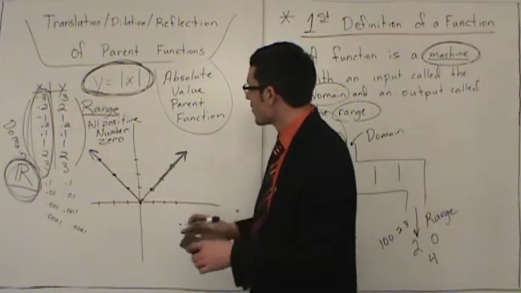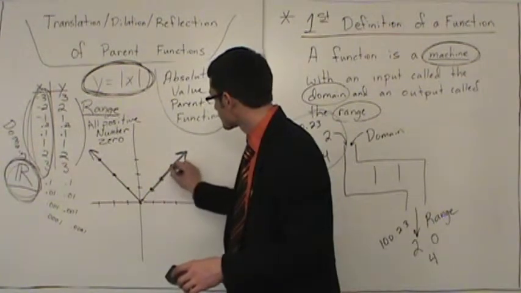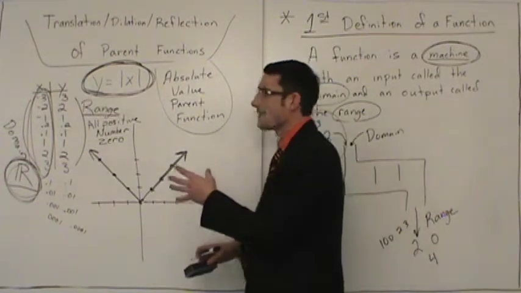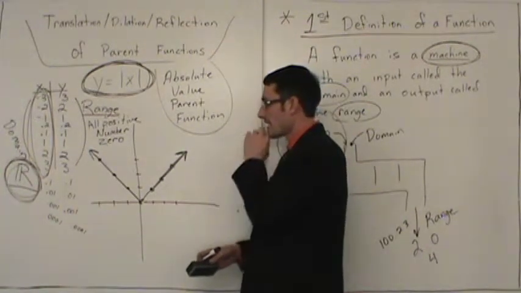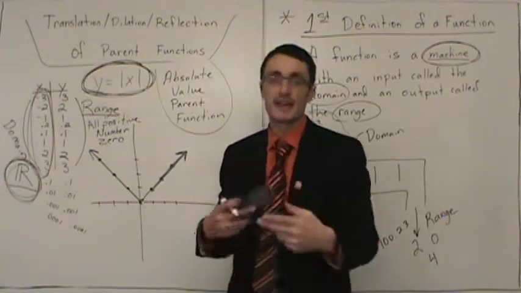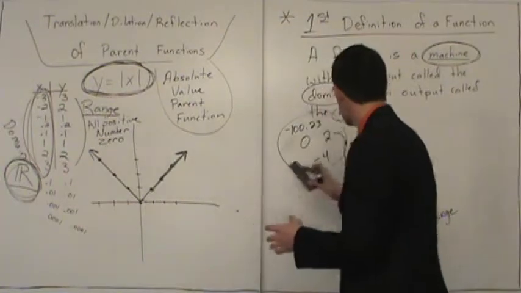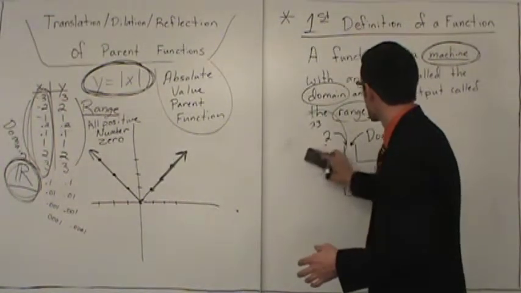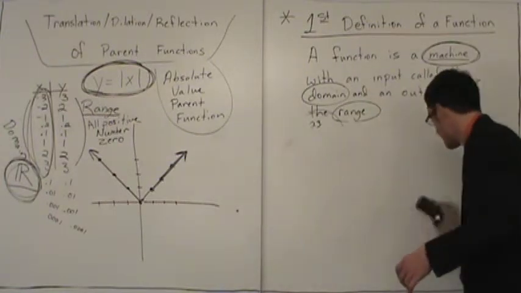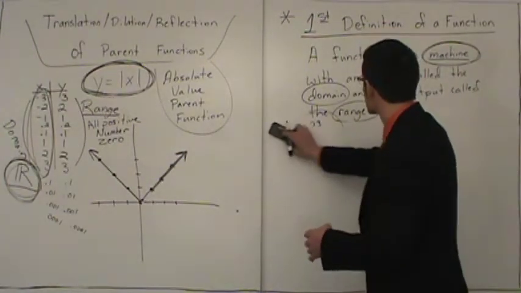Now, I think what I'm going to do is conclude the video at the end of this discussion of the absolute value parent function, and then maybe come back in the next video and pick up on this because the video will be very, very long. So now we're going to establish visually what the domain and the range of this function are.